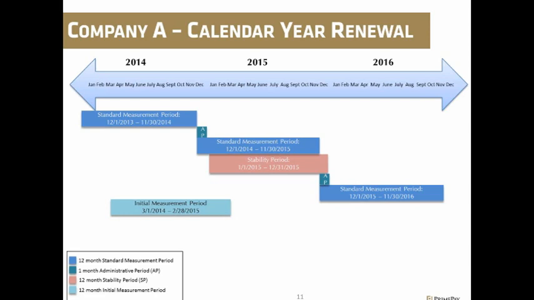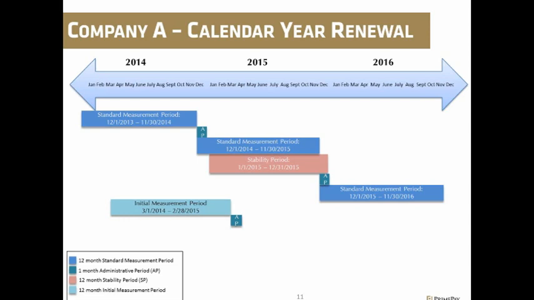So we have the standard measurement period going, and concurrently we now have this initial measurement period taking place. At the end of the measurement period, we have the administrative period for 1 month. That's to take some time to evaluate whether this new hire exceeded 30 hours or not, so that the employer knows whether to offer coverage to that individual.